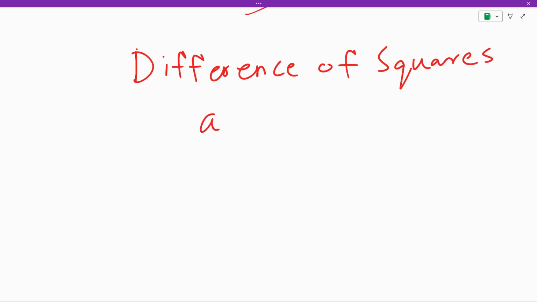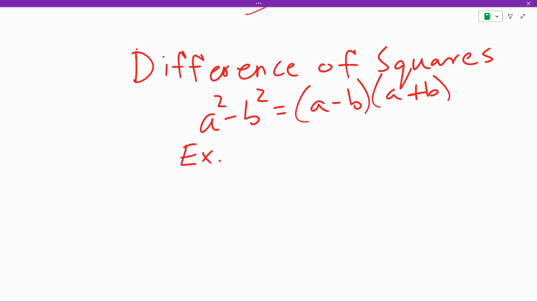Okay, so if you have a squared minus b squared, that's going to be the same thing as a minus b times a plus b.